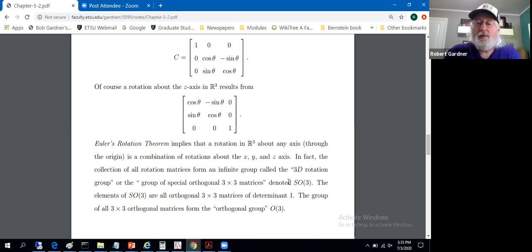A group called the 3D rotational group, or the group of special orthogonal 3x3 matrices, SO3, 3 because we're having a conversation about 3x3 matrices, or if you like, we're having a conversation in 3 dimensions. So we could form a group out of those rotation matrices, rotating about an axis through the origin. It's an infinite group. We've seen groups here and there in passing.